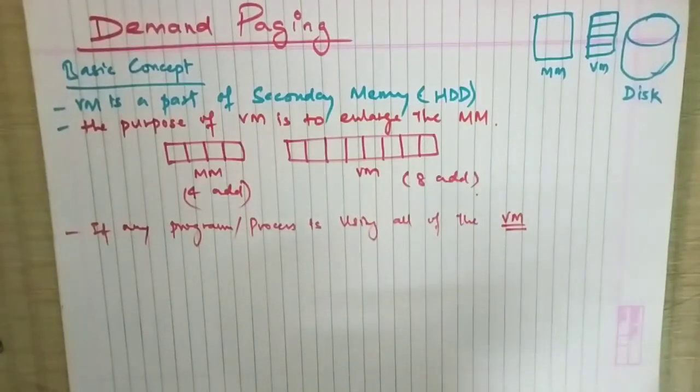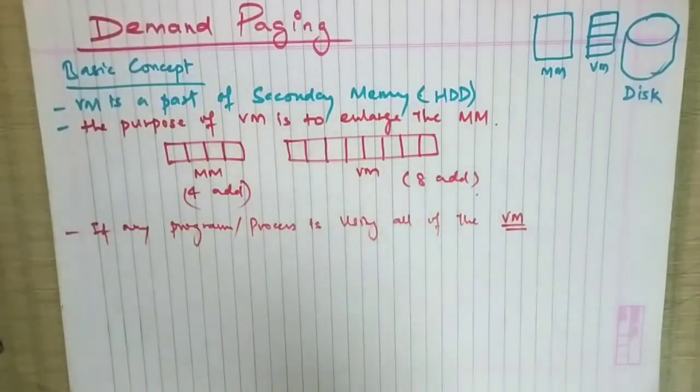So we need to take care of such processes or programs. However, the computer could execute such a program by copying into the main memory those portions of the program needed at any given point of time during the execution.